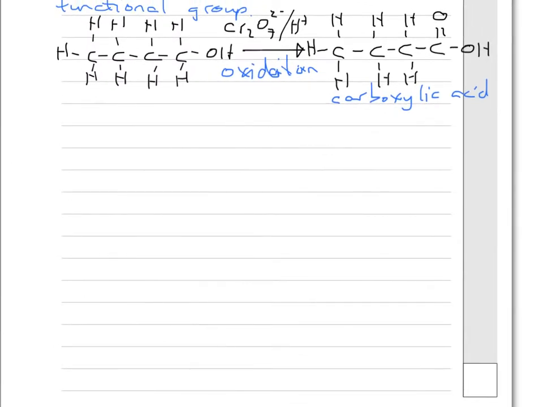So we could say that the definition of oxidation is that the organic product here has gained an extra oxygen or oxygen bonds. So we could say that the oxidation number of the carbon that the oxygens are attached to has increased, or we could draw a half equation here and say that it's lost electrons.